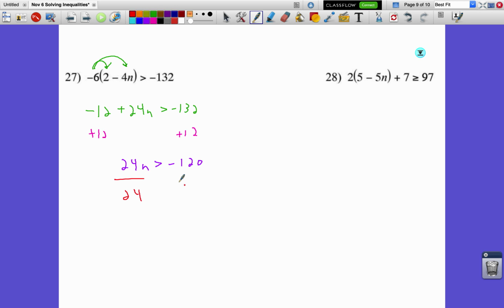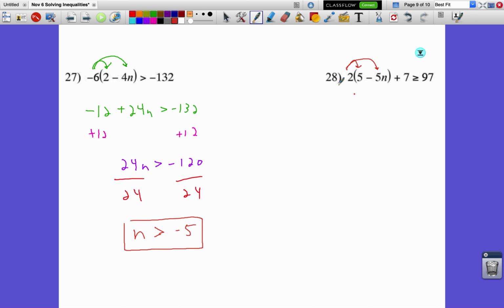Divided by 24, divided by 24. Here we did not divide by a negative, so we don't flip the inequality. It's just n is greater than negative 5. Double check that real quick. 120 divided by 24. Yep.